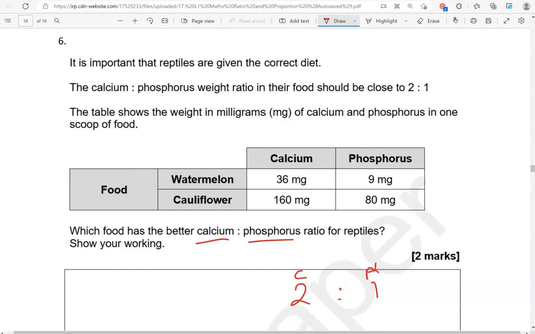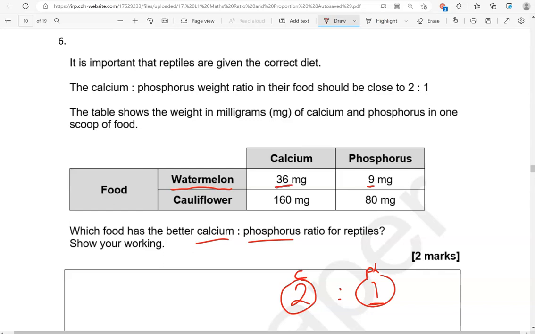So this tells us that the amount of calcium should be double the amount of phosphorus, or something close to that. So if we check the examples we're given for watermelon, 9, double 9, that is 18.